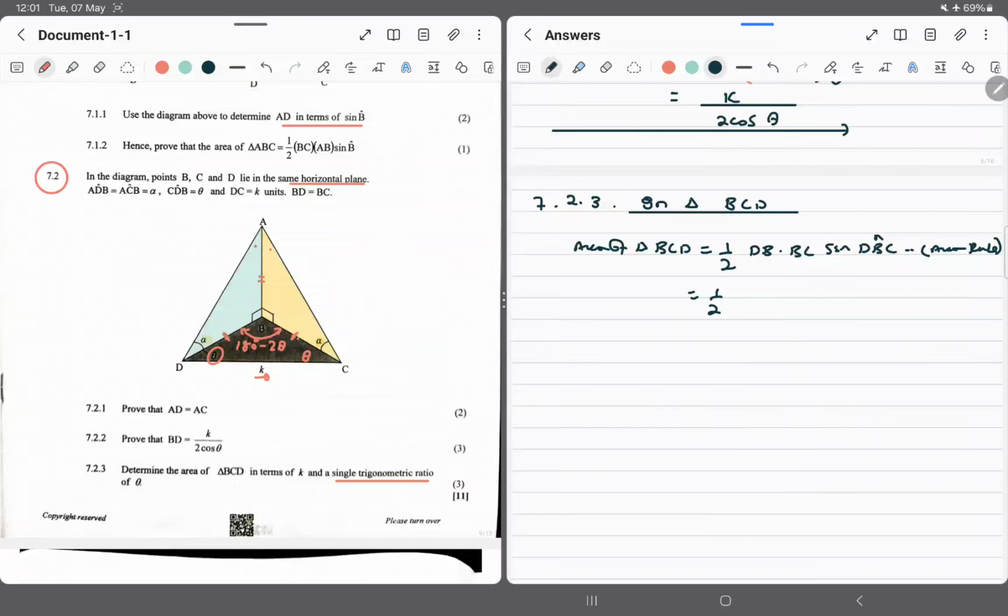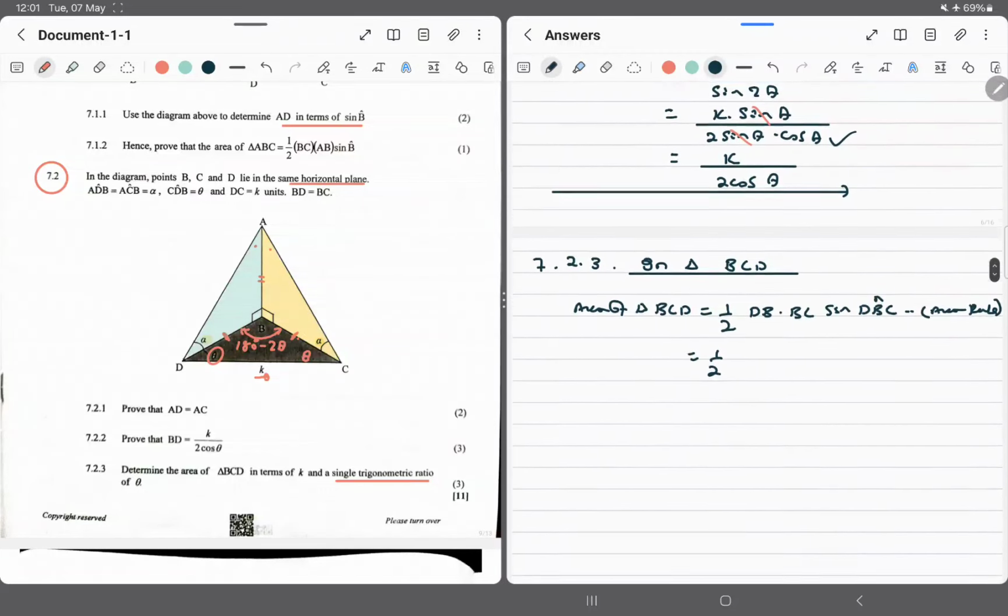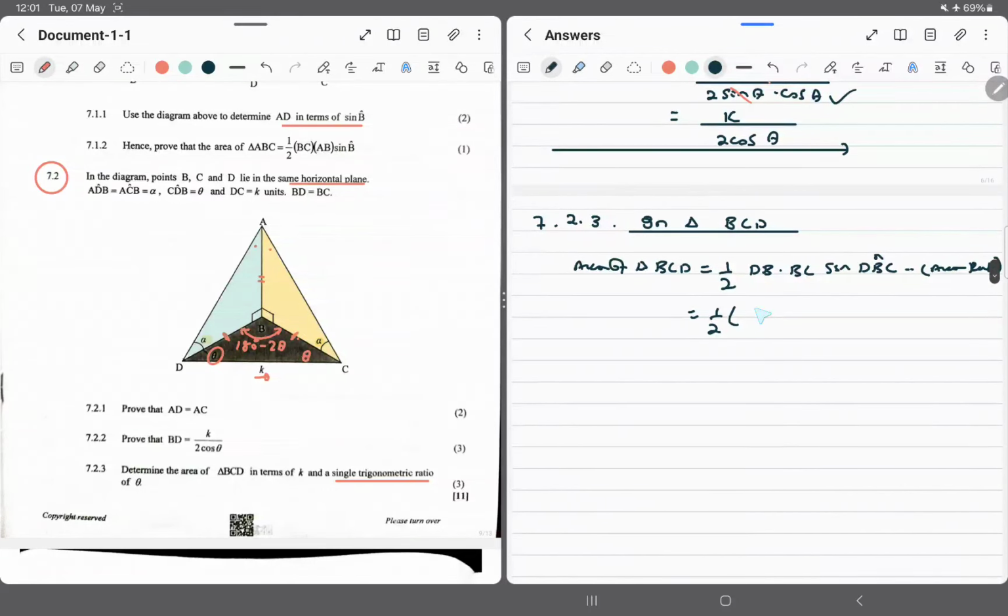So this is half. Now we know that BD is K over 2 cos theta, so this is K over 2 cos theta into BC is the same, K over 2 cos theta, sine of 180 degrees minus 2 theta.